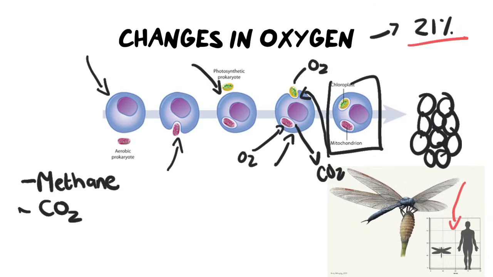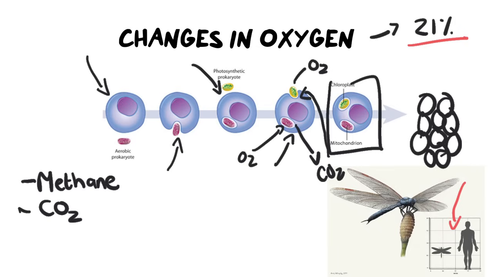A dragonfly is normally less than half the size of the palm of your hand, but in this diagram, they are showing that they would have been the size of cats or even small dogs. And this is because organisms at the time could take oxygen straight into their body, and the oxygen levels were really, really high, about double what they are today.